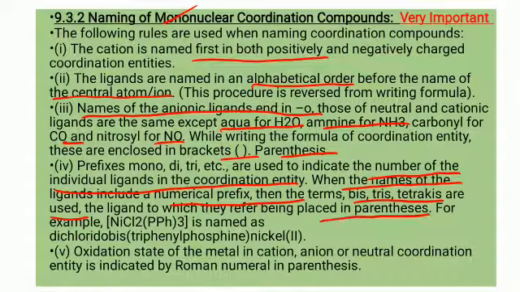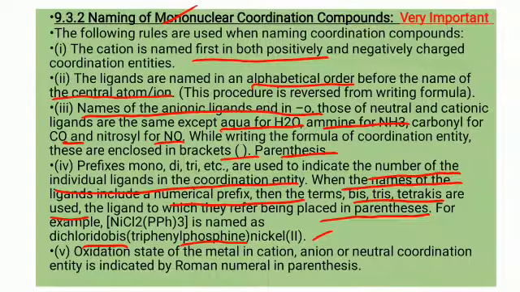For example, NiCl2(PPh3)2 is named dichloridobis(triphenylphosphine)nickel(II).